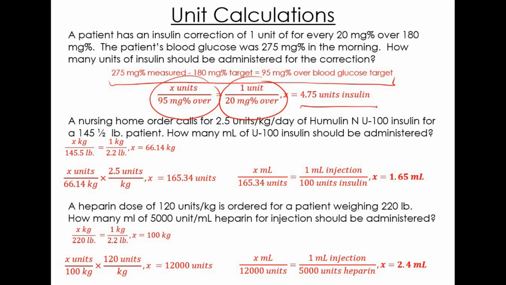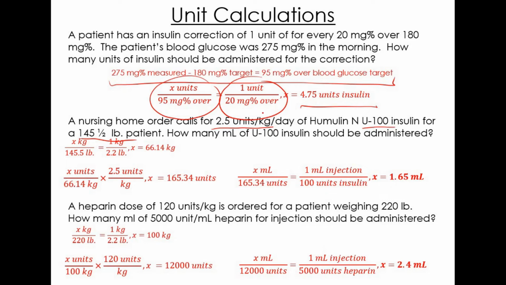The next question is a weight-based type of dosing. It gives an order of 2.5 units per kilogram of patient weight. They're supposed to take Humulin N U100 insulin, and the patient weighs 145.5 pounds. The question is, how many mils of U100 insulin should be administered?